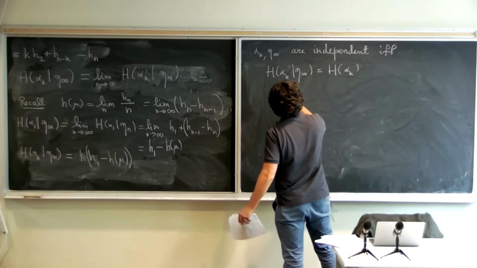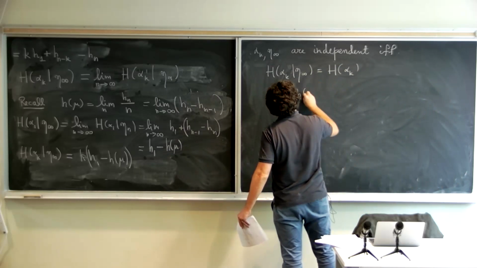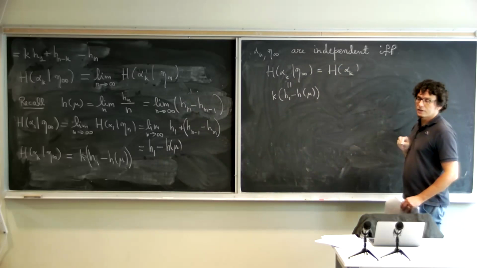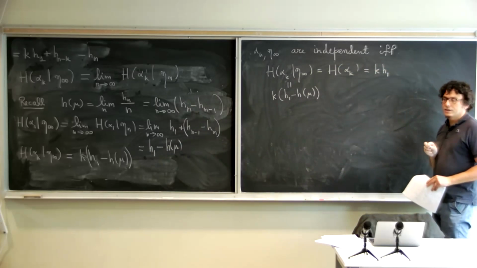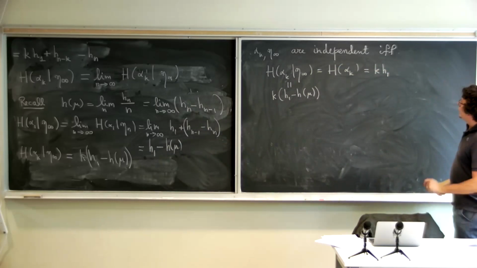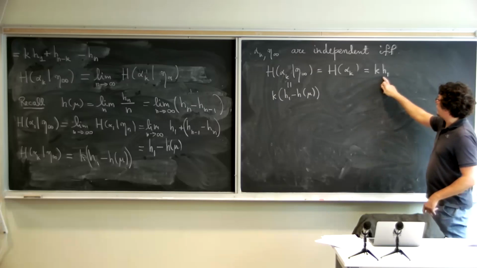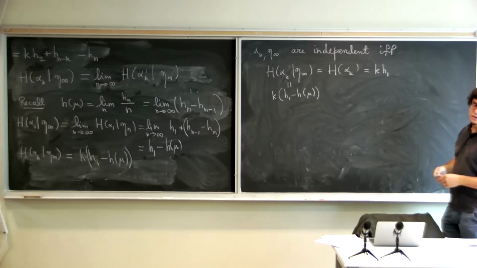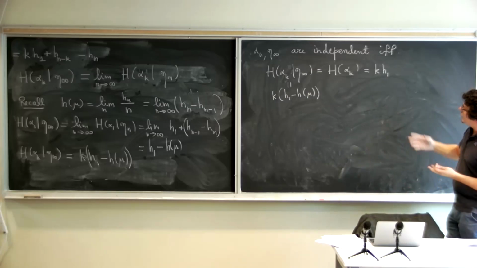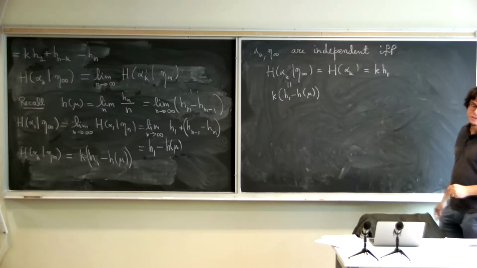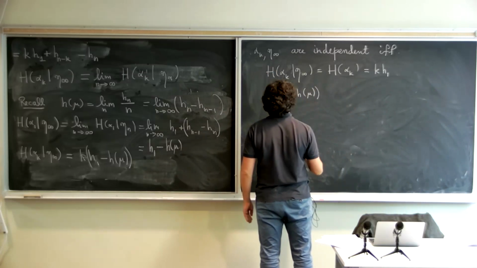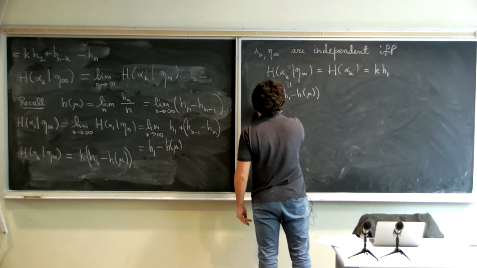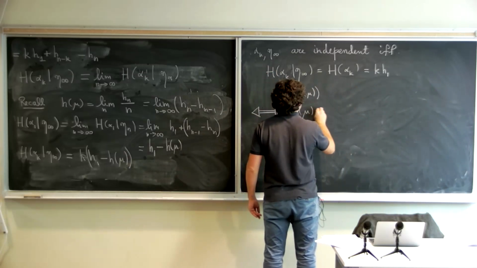And this one is literally k times H1 minus H infinity, and this one is literally k H1, because the entropy of alpha 1 is H1, and alpha k is k copies of alpha 1, because the first k steps are independent. So at this point, it's clear what happens. This implies that alpha k and eta infinity are independent if and only if H of mu equals 0.